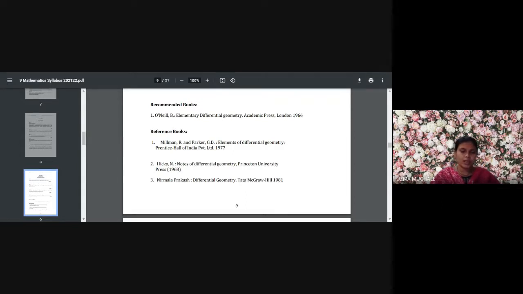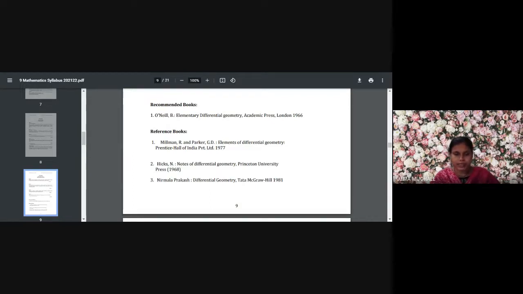I will give you the PDF of this book, and in the last pages of this PDF you can see the solutions of the examples given in the exercises.